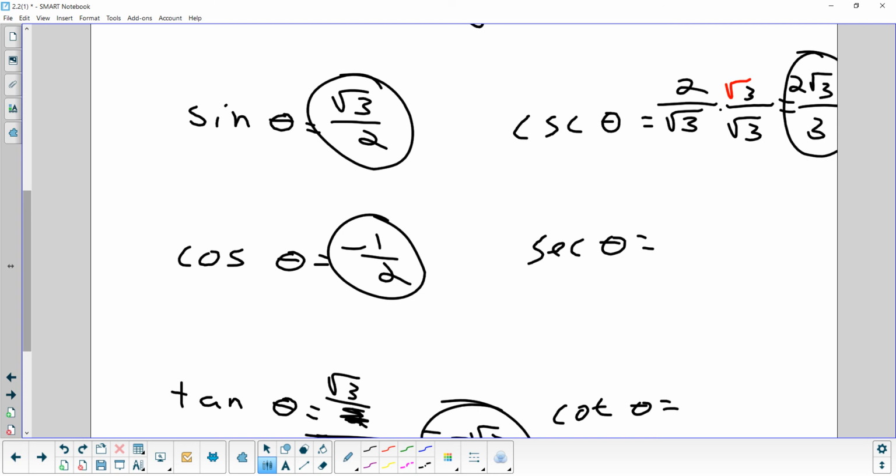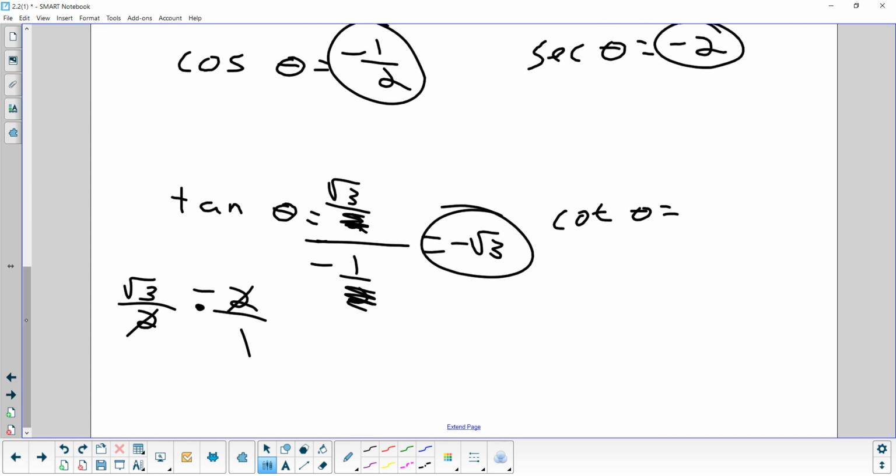You can help her out. What's the reciprocal of negative 1/2? John? Negative 2. Should be negative 2. Questions on that one? That one wasn't anything we have to worry about cleaning up because there's no square roots. So that part's not an issue.